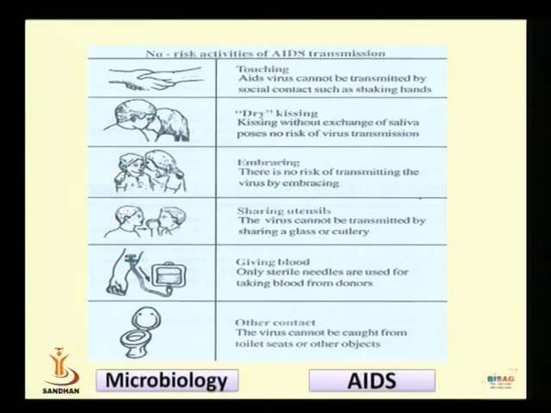So I would again stress that by touching, by dry kissing, by embracing, by sharing utensils, or by donating blood, or by other contacts, the HIV virus is not transmitted from one individual to another.